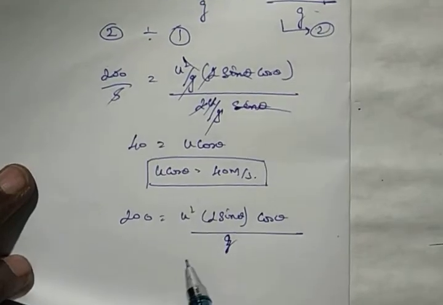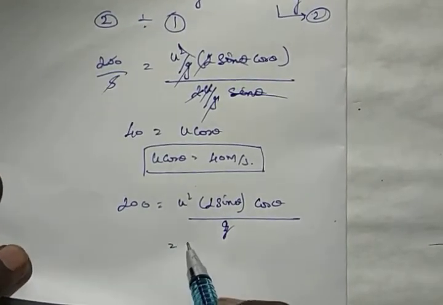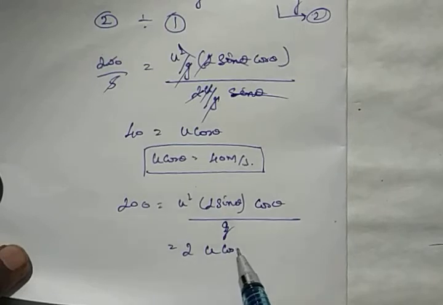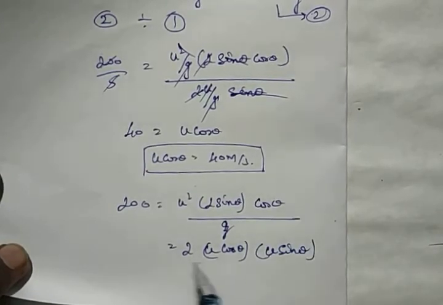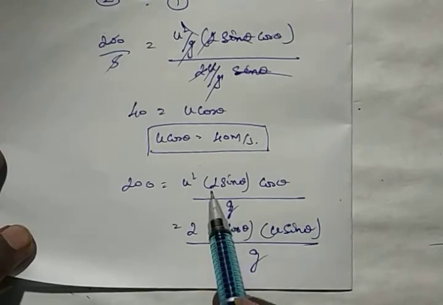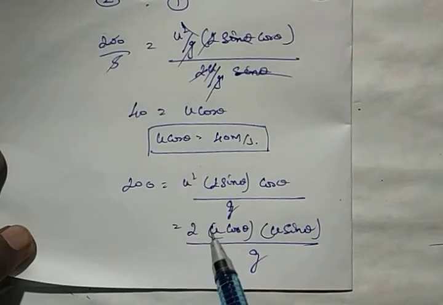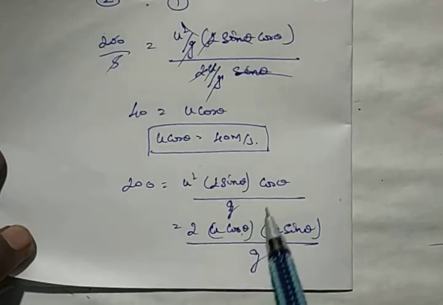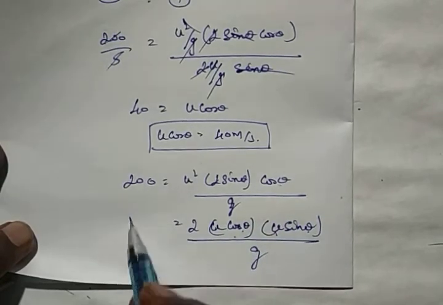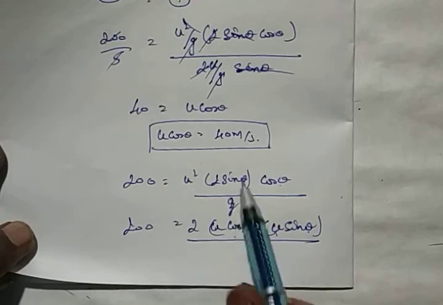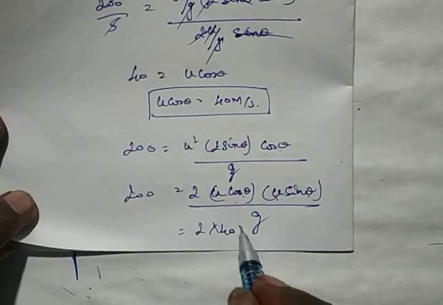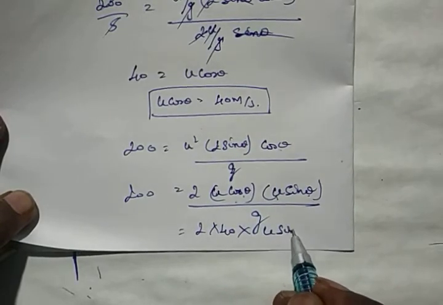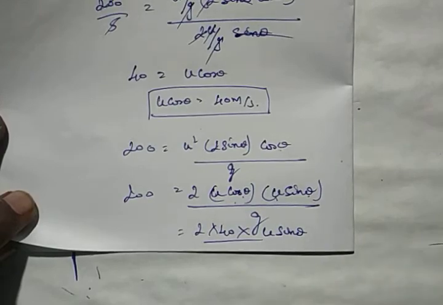So here you can make it as 2u cos theta and u sine theta upon g. Why did you make it? This 2 is here. This u square has become one u here, another u here. One is cos theta, another sine theta. So that's going to be 200. What is u cos theta? It is 40 here. So it is going to be 2 into 40 into u sine theta upon, what is the value of g?